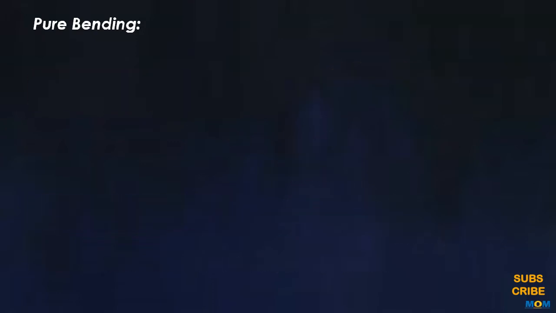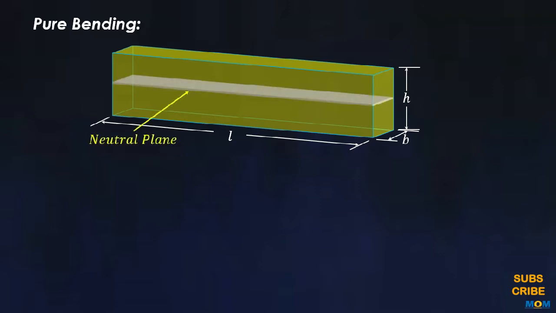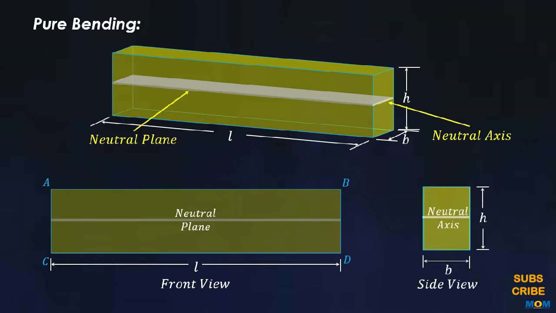Now let us consider a rectangular cross-sectional beam. The plane that passes through the axis of the beam is known as the neutral plane. The same plane in the cross-section of the beam is called the neutral axis of the beam. In the two-dimensional view, this is the neutral plane, and in the cross-sectional or side view, this is the neutral axis.